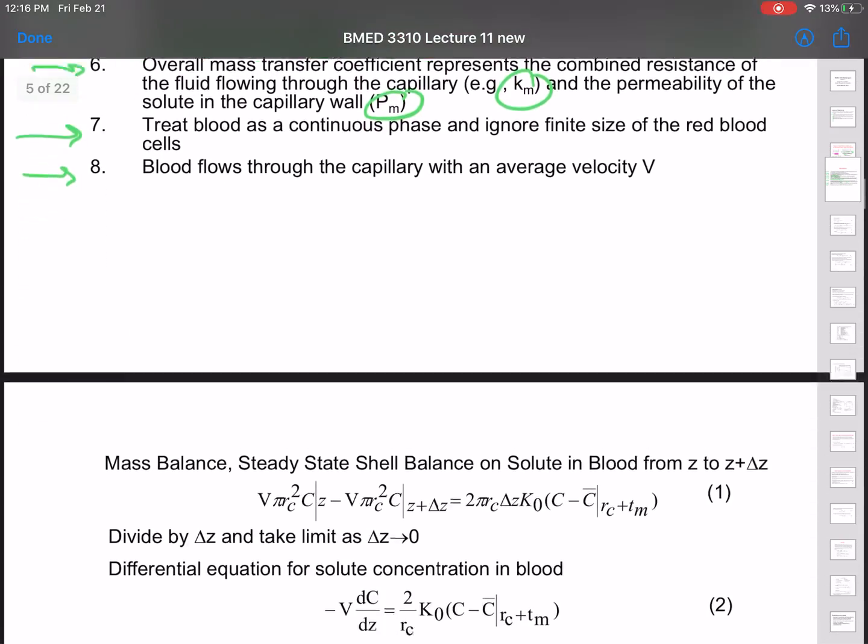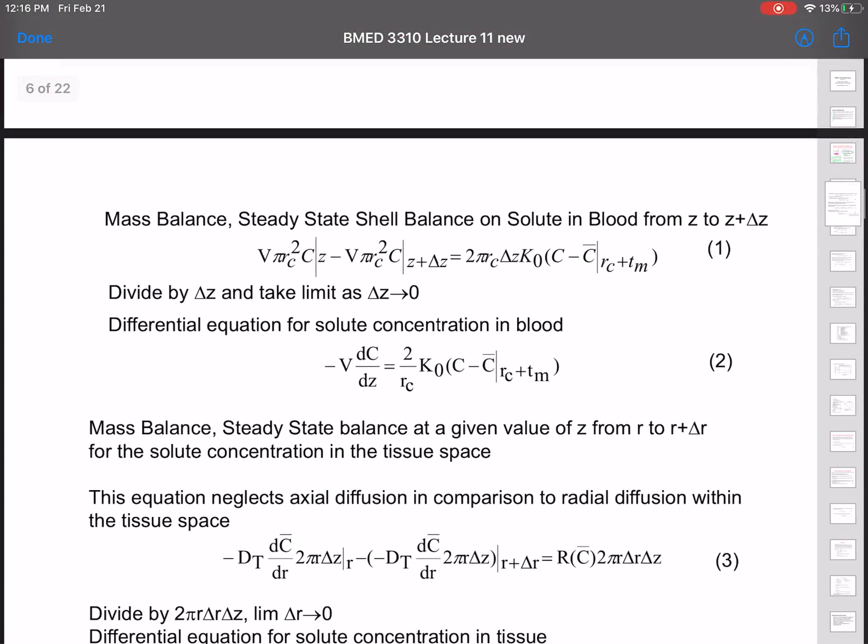Okay, so this first one is the mass balance on the solute in the blood from Z to Z plus delta Z. What we have here is the solute being brought in by the blood coming in. So this is the velocity times the cross-sectional area, pi r squared, times the concentration.